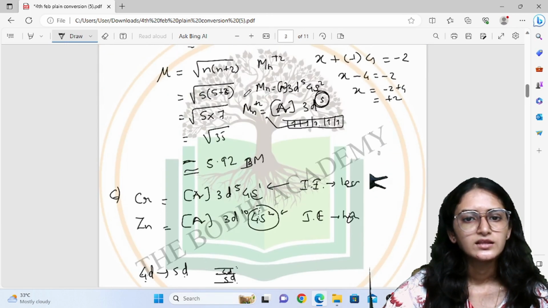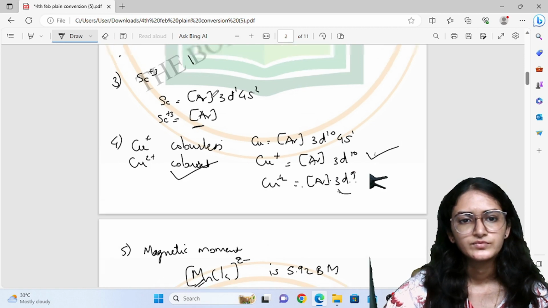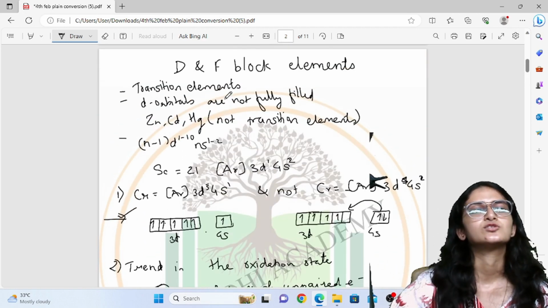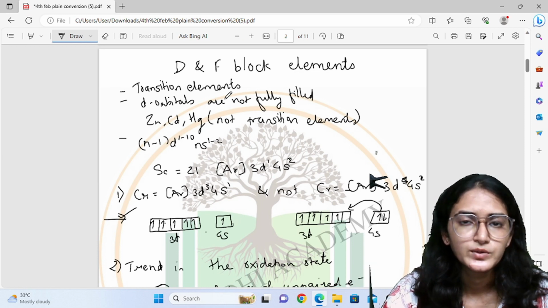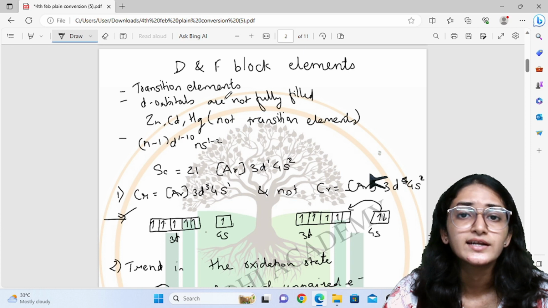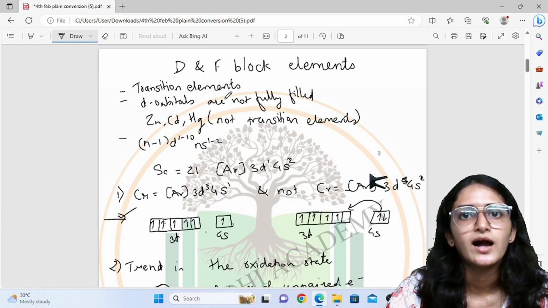Then about actinoids. Not many questions will be asked in exams because there is nothing much in that chapter, but some configurations, applications and uses can be asked.